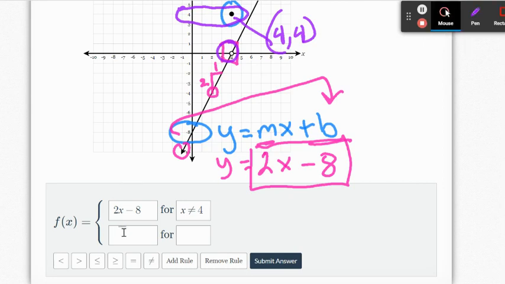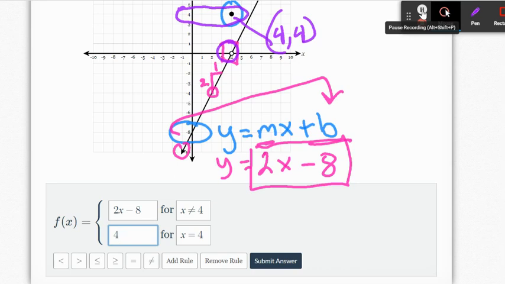So I type in a 4 output for x equals 4. What that does is, if I input 4, I don't use the top rule. I would jump down here, and when it says x equals 4, I would have an answer of 4. Everywhere else, any other x value, I would use the equation of this line, and it would put me on a dot somewhere on this solid line. That's how we do it when you have individual pieces.